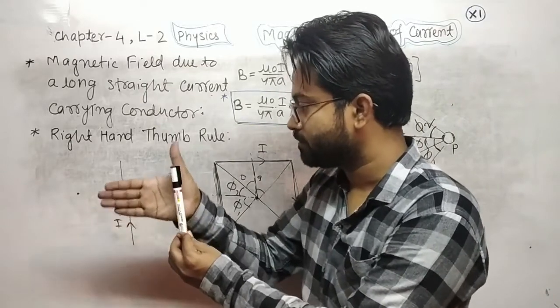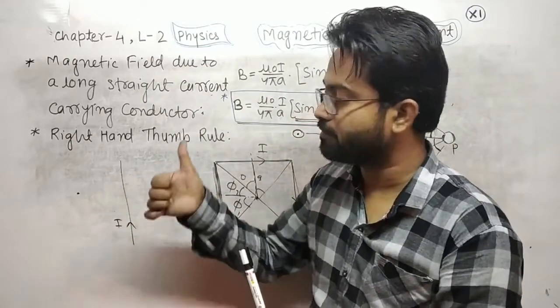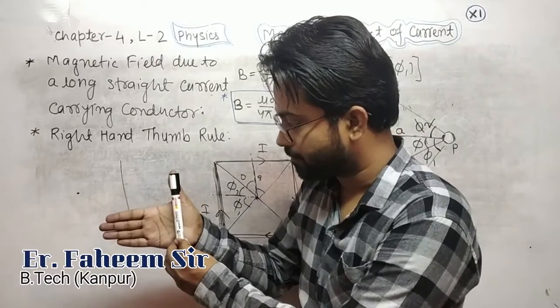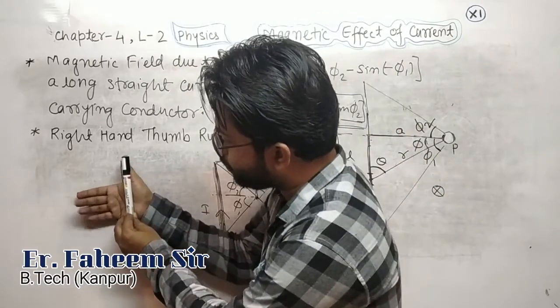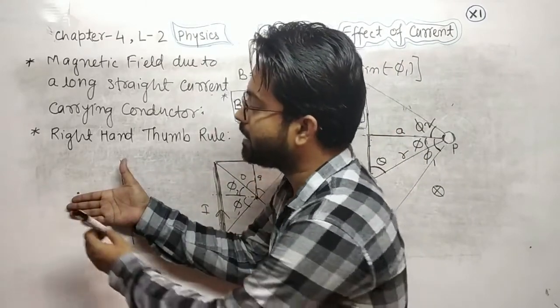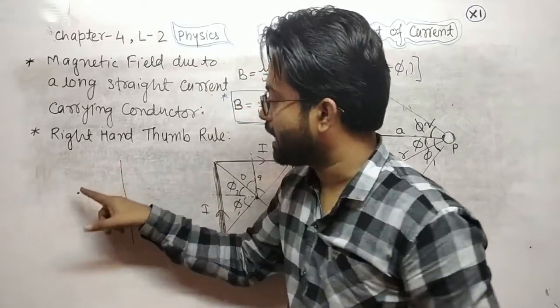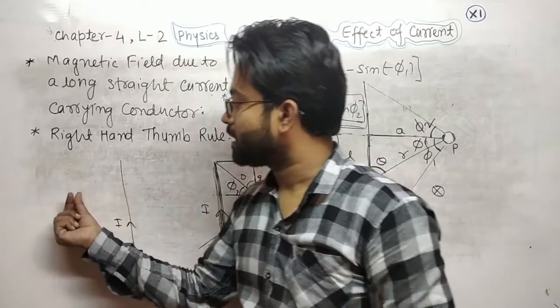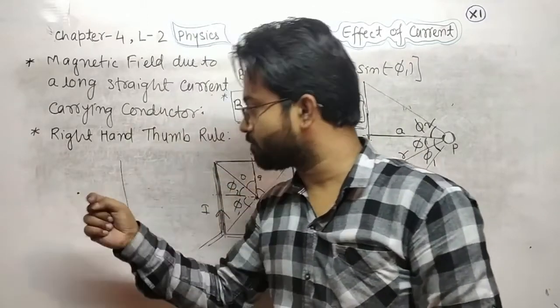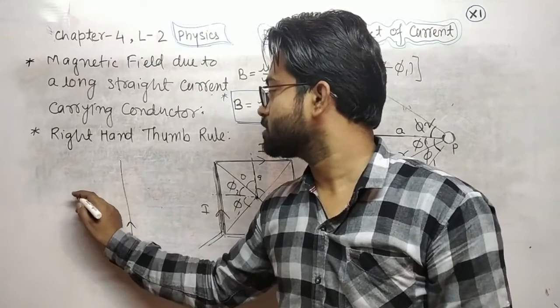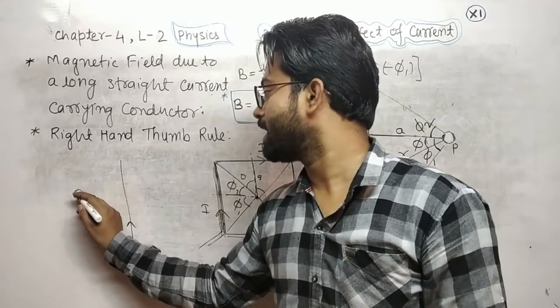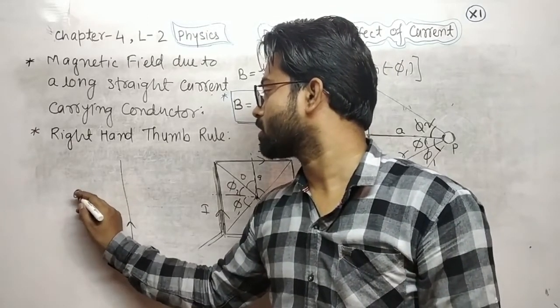The direction of current will be the direction of your hand, and at that point magnetic field will be perpendicular to this palm. That means due to this wire, the magnetic field at that point is out of the plane, perpendicular to this plane, and this can be written as a circle having a dot.